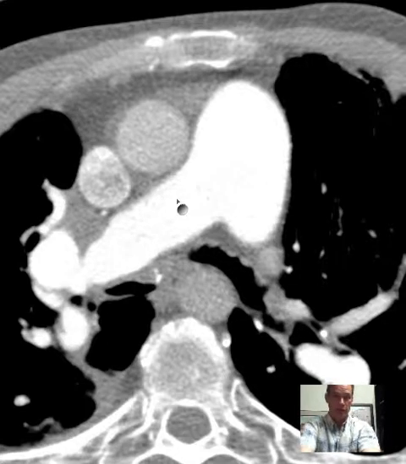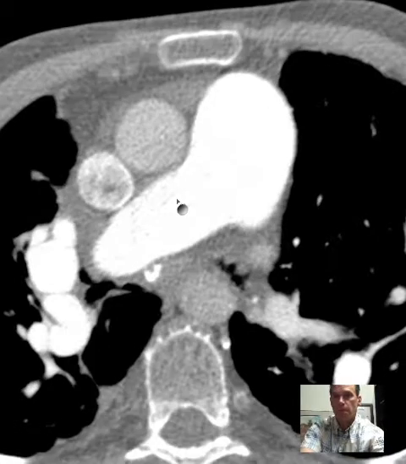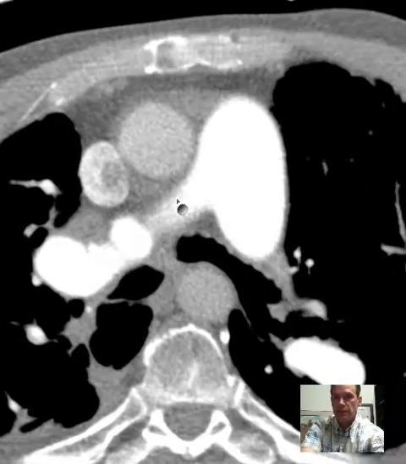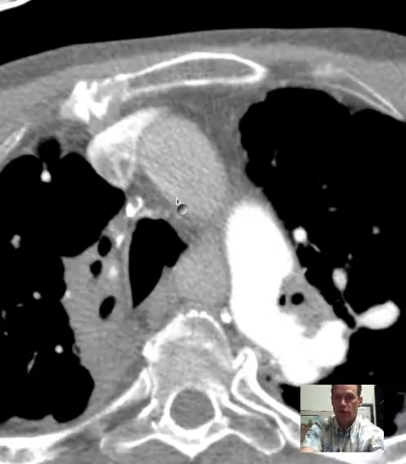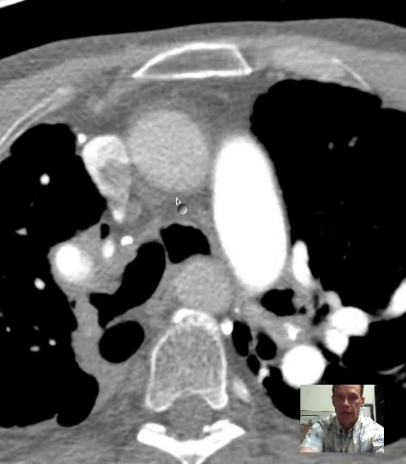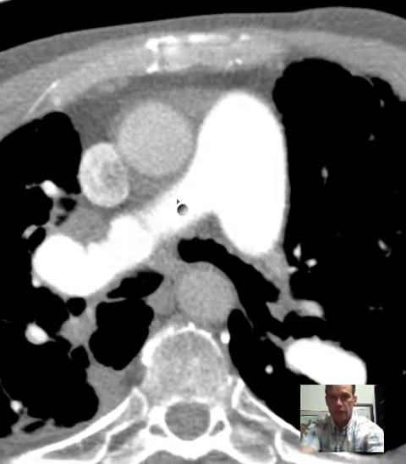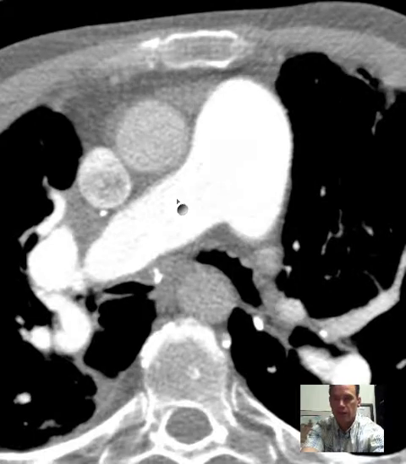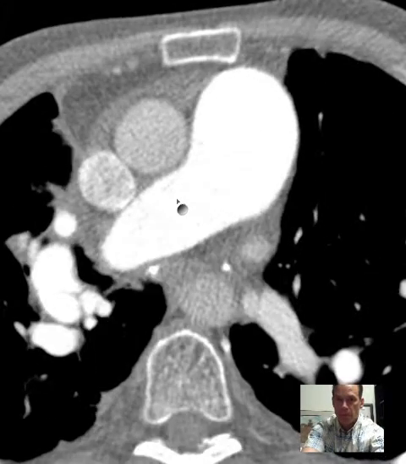Even the one right main pulmonary artery can't fit very well. Okay, so that gives you an idea of those anatomic areas that are conducting this opacified blood.